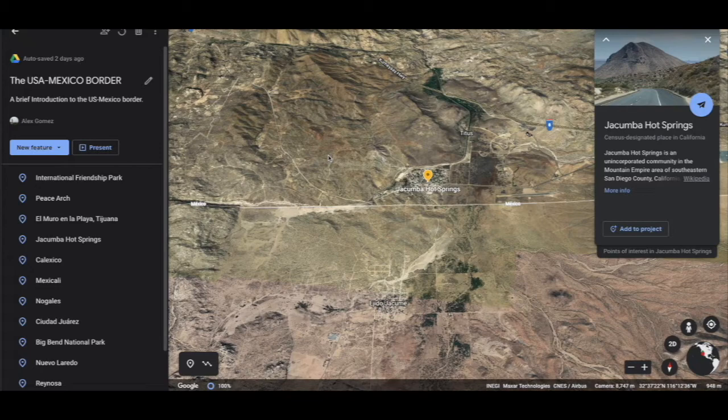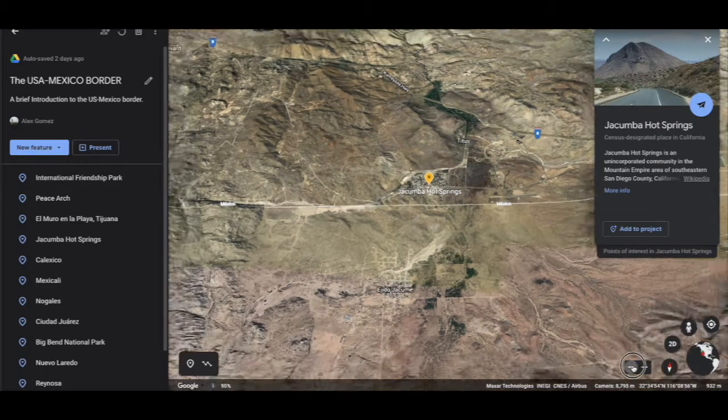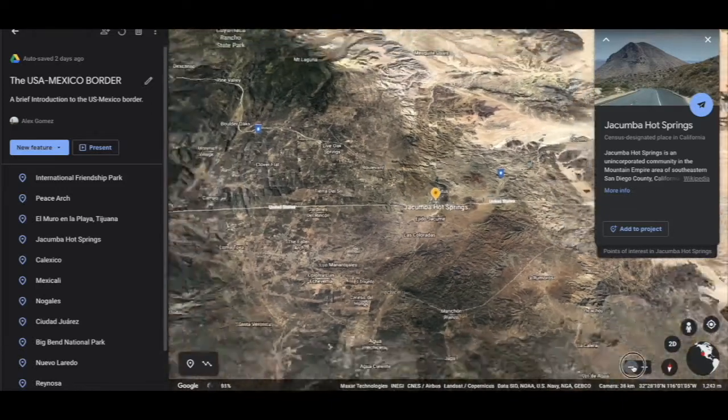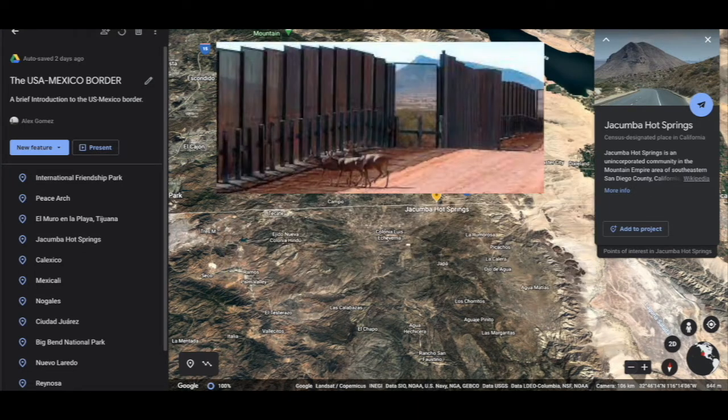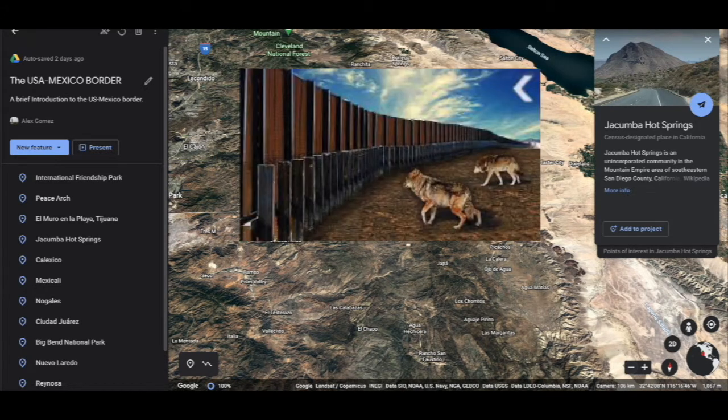The problem with having a border wall on this part of the region, even though you see almost nothing there, is that the only thing that really gets affected is the wildlife when they try to come across. And as we're talking about, the Sierra Club has sued the US government for the negative impact that has been caused on the environment on this part of the border.